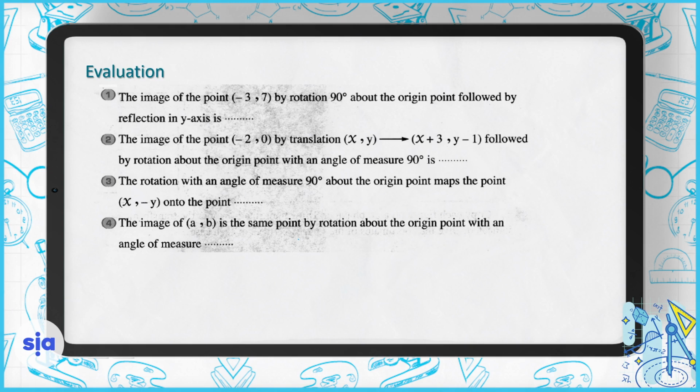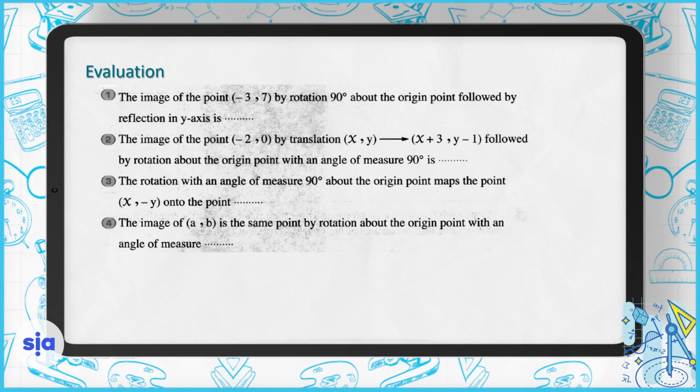Let's now check our understanding by moving to the evaluation part. The image of the point (-3, 7) by rotation 90 degrees about the origin point followed by reflection on the y-axis is what? So (-3, 7). First of all, we need to find the rotation.